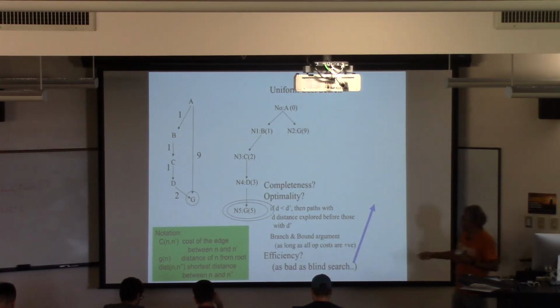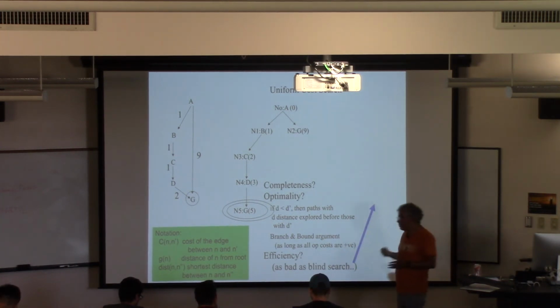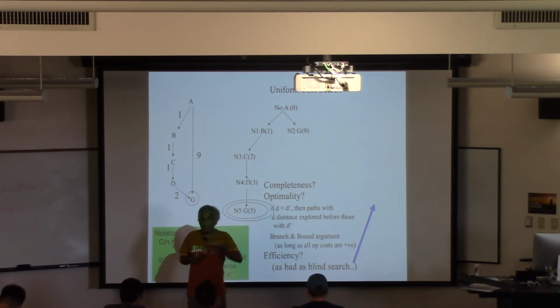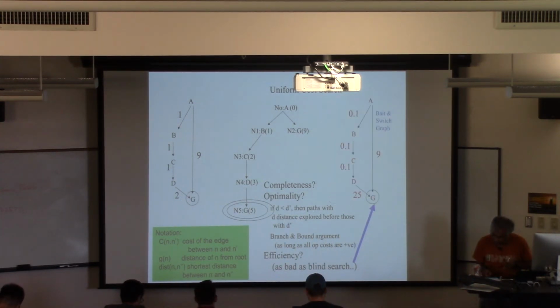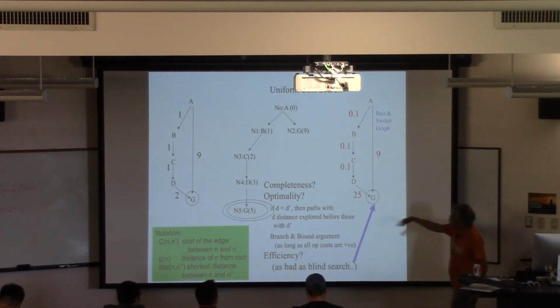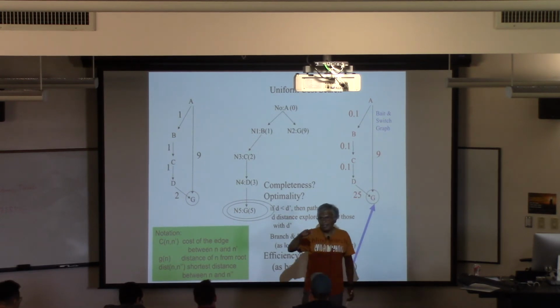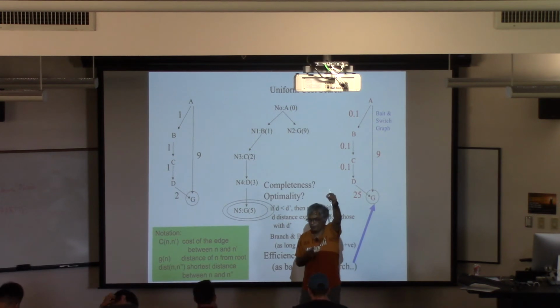So it turns out that it is complete. It also turns out it's optimal. The reason it is optimal is because every edge has positive cost. So here is actually a proof that you can provide. We'll talk about the proof in a minute, but in general, instead of going level by level, you are going distance by distance from the root node.